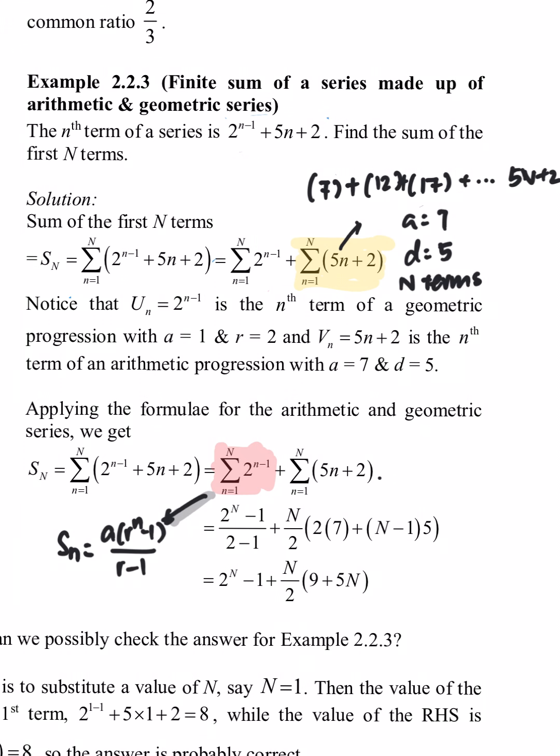Now, the sum of an AP will be Sn given by n over 2 times (2a plus (n minus 1)d). So applying that, we'll be able to obtain our answer.